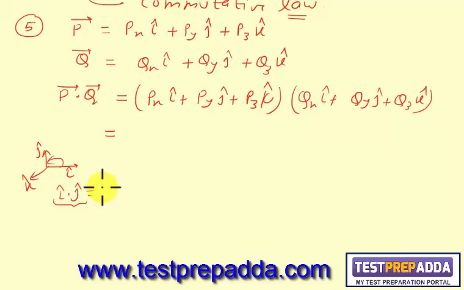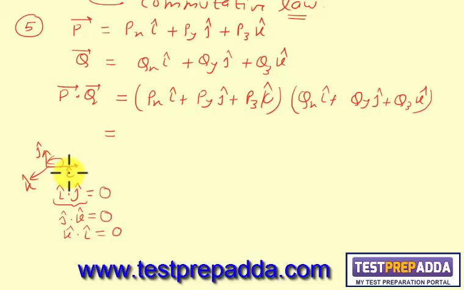So i cap dot j cap, whenever we get this, it will be 0. Not only this, j cap dot k cap will also be 0. k cap dot i cap will also be 0. So whenever mutually perpendicular vectors are multiplied, the dot product comes as 0.